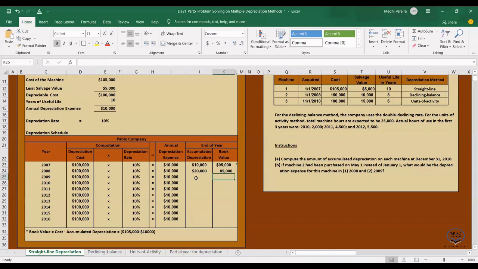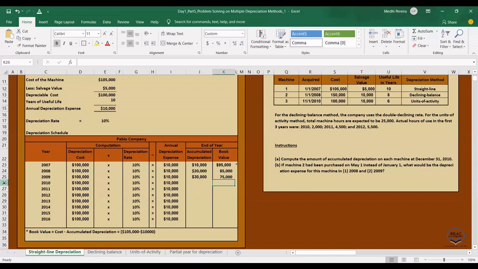Then we do the same thing again because we have to do it till 2010. For this year, it is the previous year's accumulated depreciation plus the current year's depreciation expense, and it comes to $30,000. When we use the original cost of the machine minus the accumulated depreciation, it comes to 75,000.